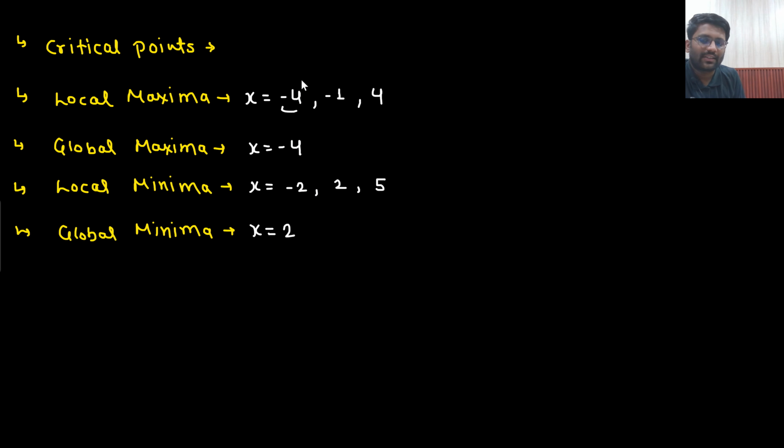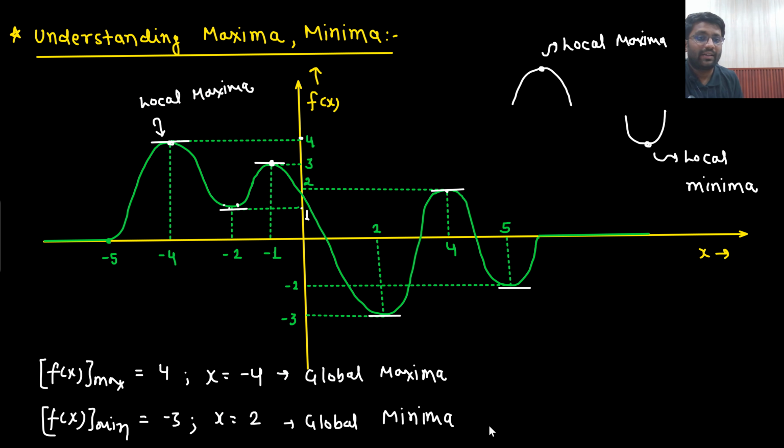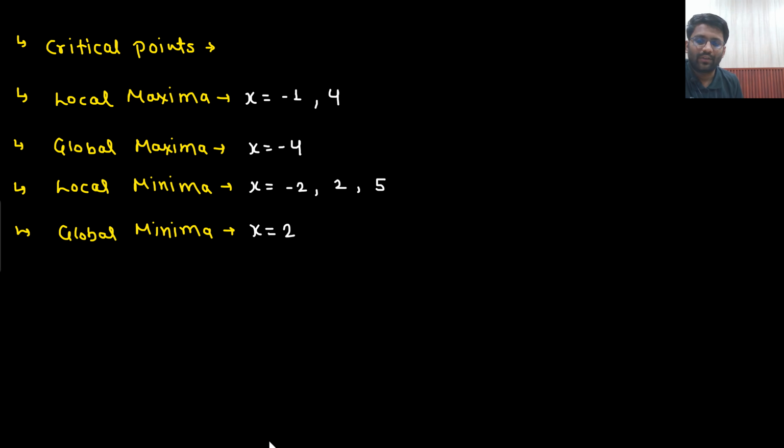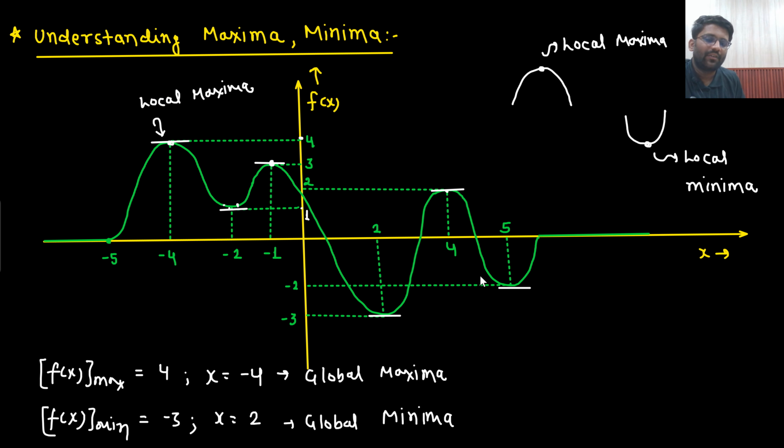So if I have given x equals -4 a separate name, then I will ignore the earlier one. Previously, I called it local maxima, but when I saw the complete graph, the complete locality, I got to know that he is the maximum guy. When I saw the complete locality, I got to know that he is the minimum guy. So here also I will ignore this. This will not be local maxima, this will become global maxima.